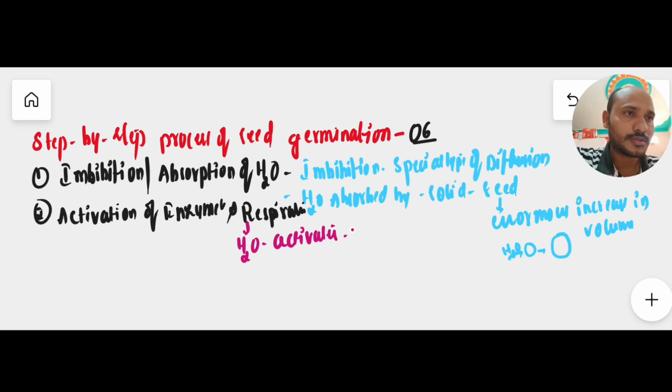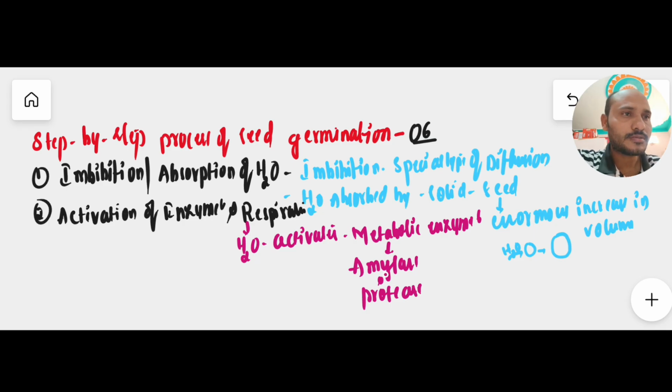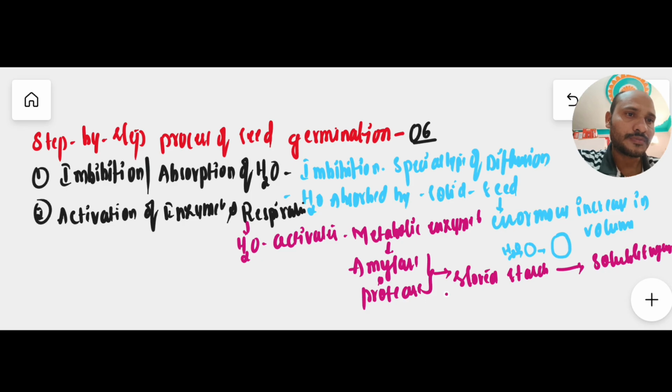These are enzymes like amylase and also protease. When amylase and protease get activated in the presence of water, they break down the stored starch into soluble sugar, and the stored protein within the seed into amino acids.